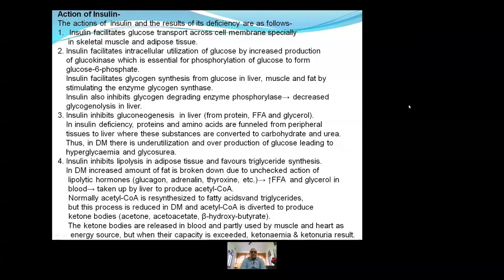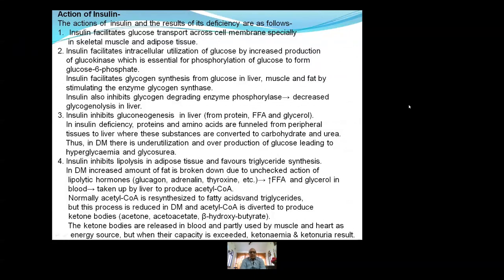In insulin deficiency, protein and amino acids are funneled from peripheral tissue to the liver, where these substances are converted to carbohydrate and urea. Thus, in diabetes mellitus, there is underutilization and overproduction of glucose, leading to hyperglycemia and glycosuria.